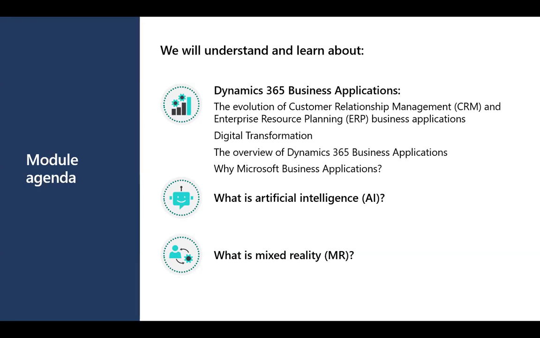We also have mixed reality, which is a software platform that fits within Dynamics 365. So the very first question many of you must be asking is, okay, what is this Dynamics 365?